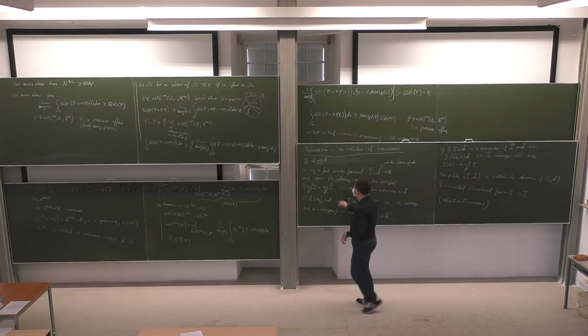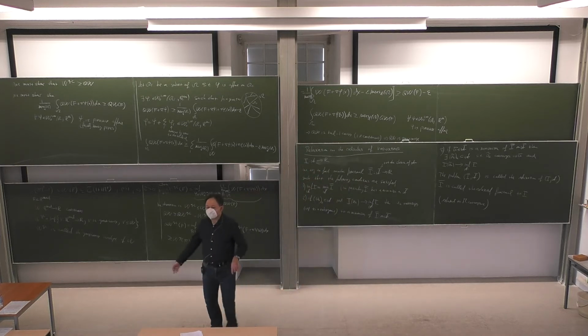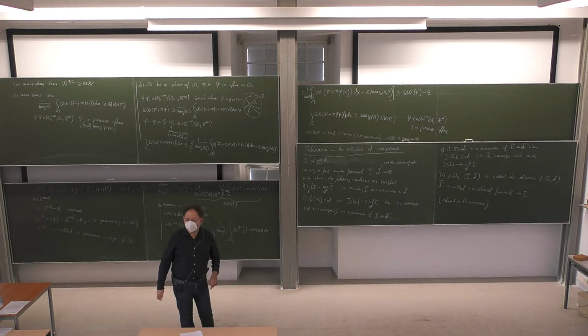If your original function is already nice, so that it has a minimizer, then you don't have to do anything. If I have a nice lower semi-continuous functional, so I can prove the existence of minimizers, I say my relaxation is the original functional, and this is the best.